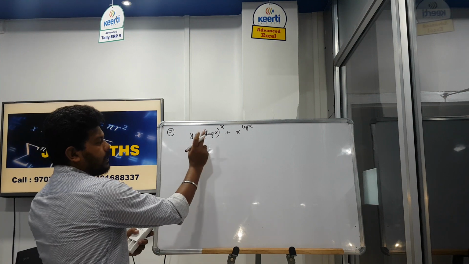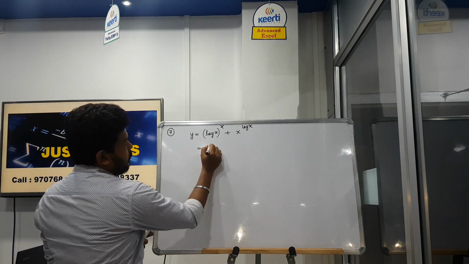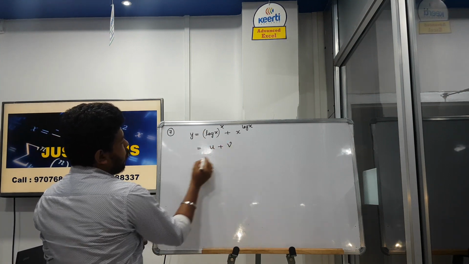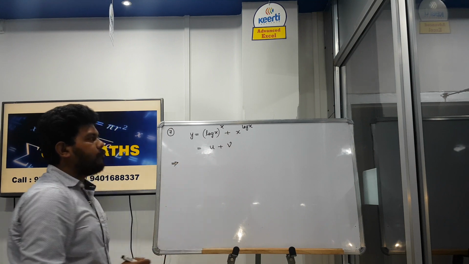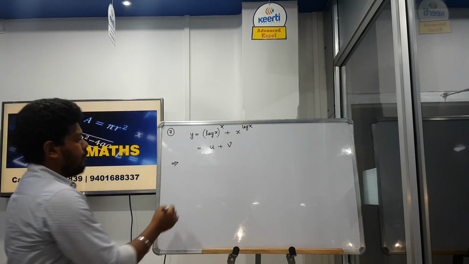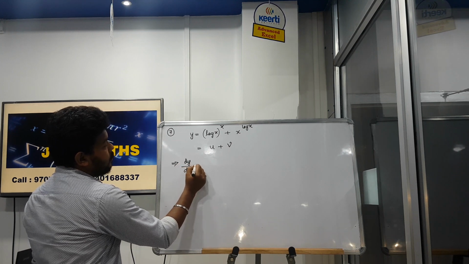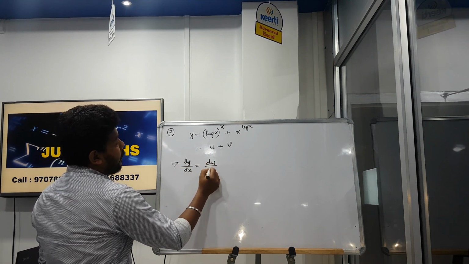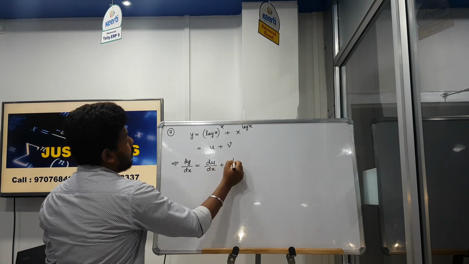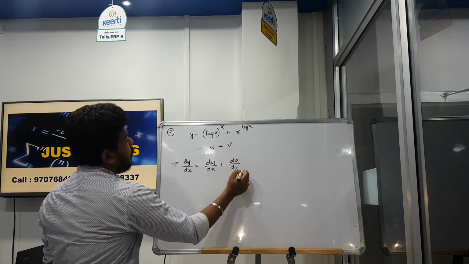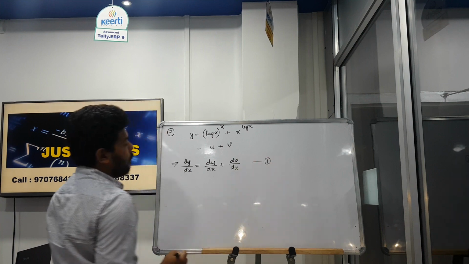We'll put this as u and v. I write this as u, this as v. Both of them are functions of x. Therefore, dy by dx is equals to du by dx plus dv by dx. Name it as 1.